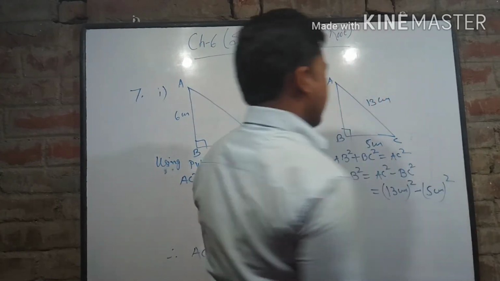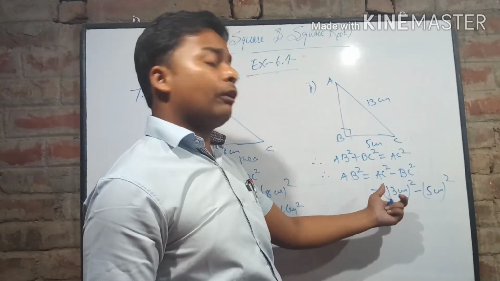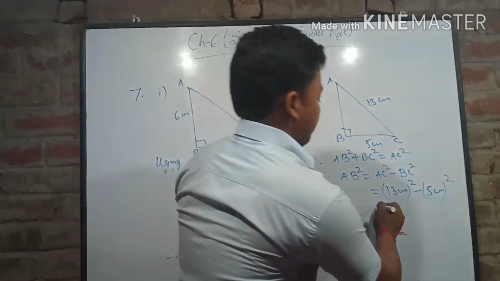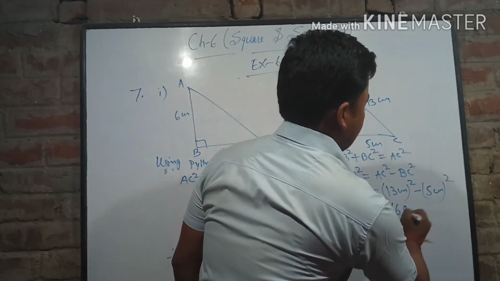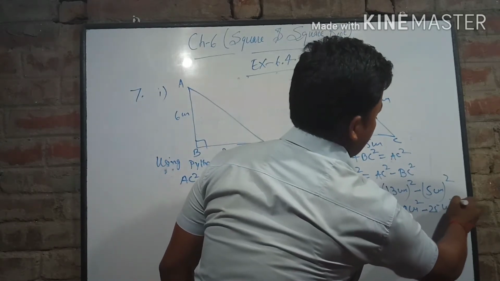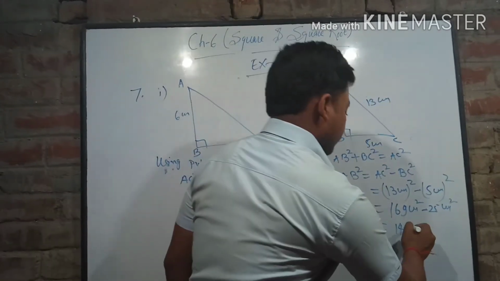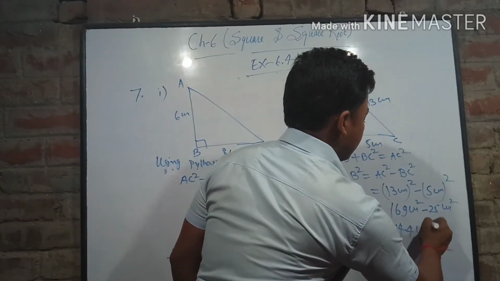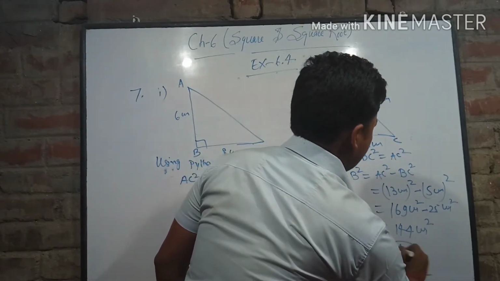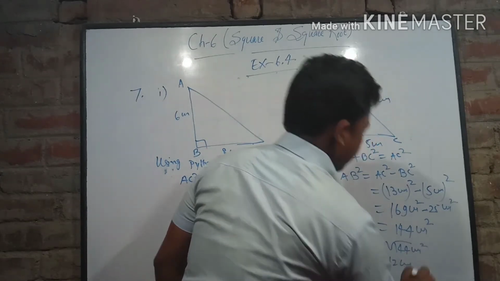We can use the direct simplification, also we can use a square minus b square. We will get 169 centimeter square minus 25 centimeter square, which is equal to 144 centimeter square. So AB will be equal to square root of 144 centimeter square, and that is 12 centimeter.